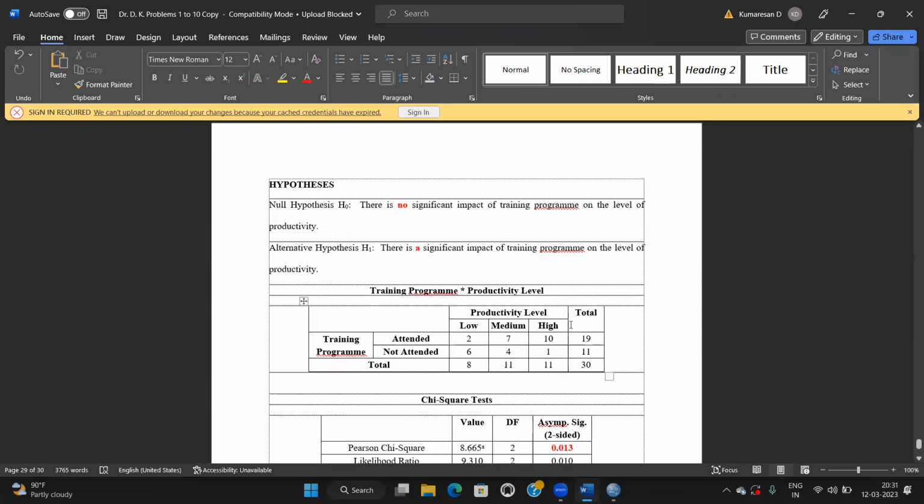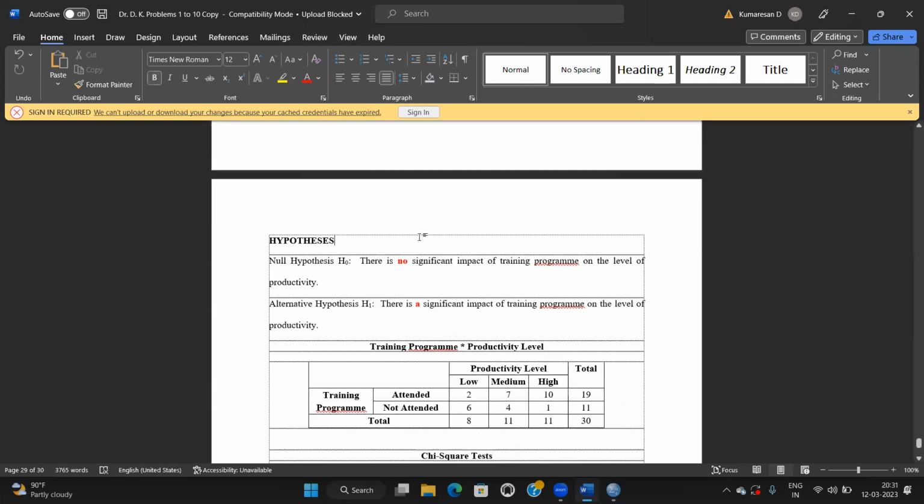As usual, we formulate the hypothesis. Null hypothesis: there is no significant impact of training program on the level of productivity. Alternative hypothesis: there is a significant impact of training program on the level of productivity.